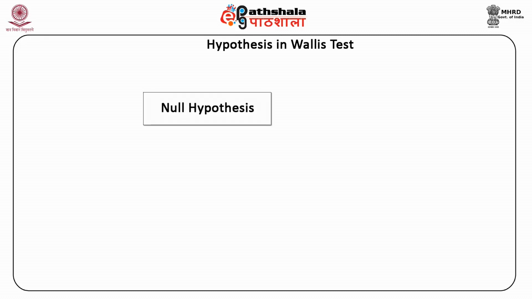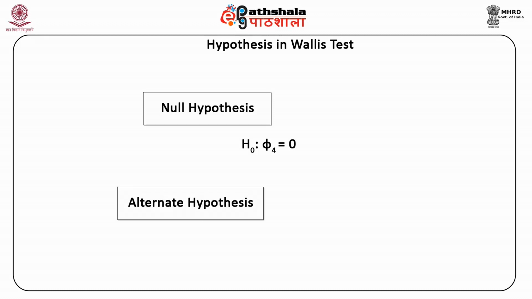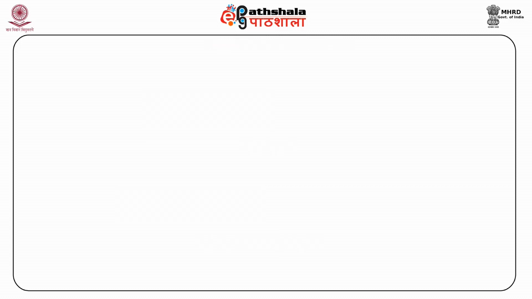Our null hypothesis now is H0: phi_4 is equal to 0, whereas the alternative hypothesis H1 is phi_4 is less than 0, or H1 is phi_4 greater than 0. Phi is our symbol in these cases. Essentially, the null hypothesis states that fourth order autocorrelation is not present, and the alternative hypothesis states the converse is true.